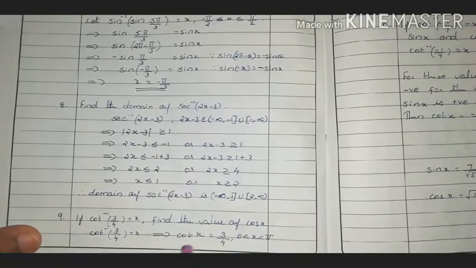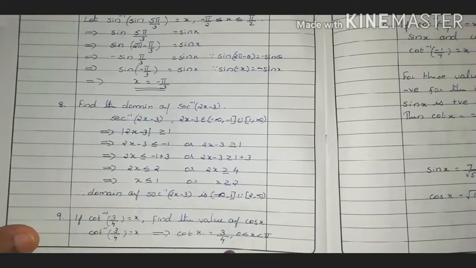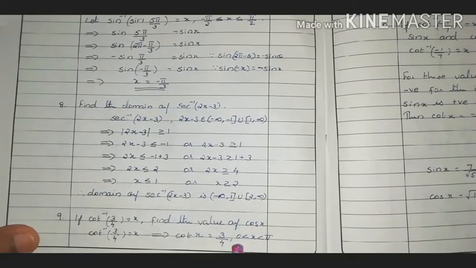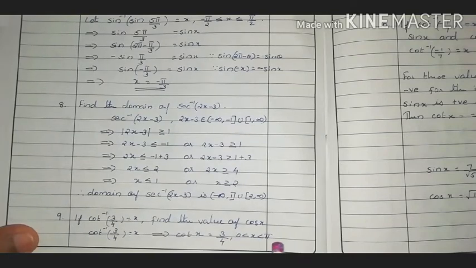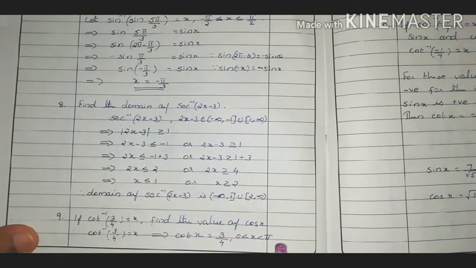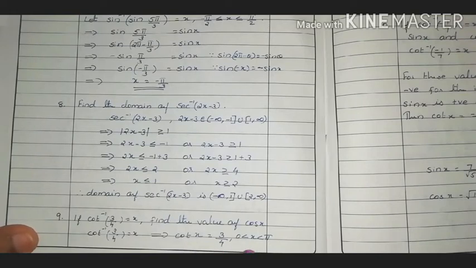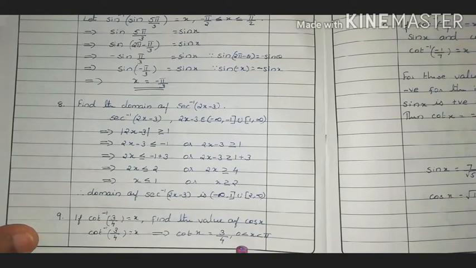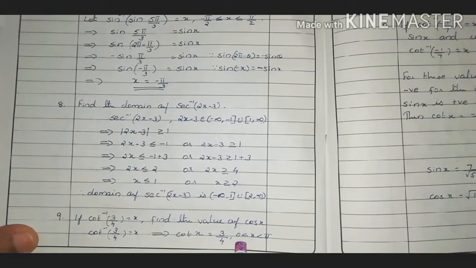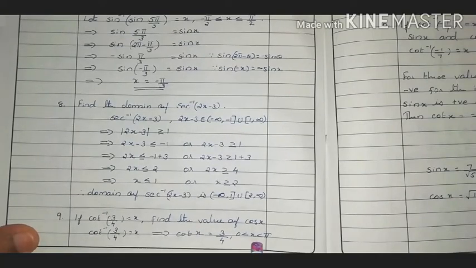Here cot x is positive. We know that from 0 to pi by 2, all the trigonometric functions are positive.